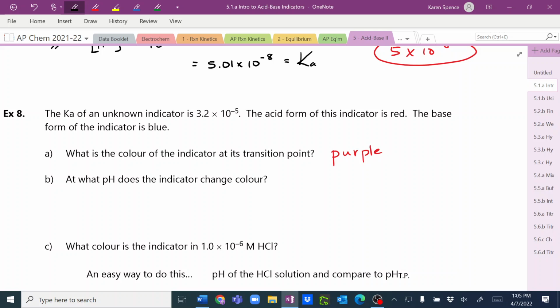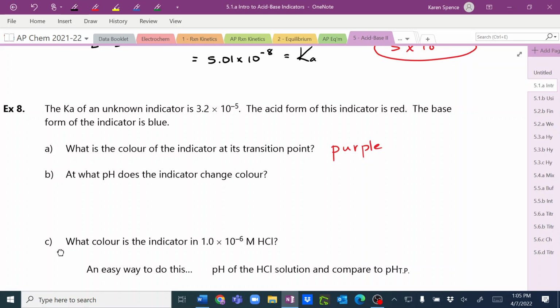All right, at what pH does the indicator change color? Do you know how to do that? Would you like to try it on your own? Try it, go.